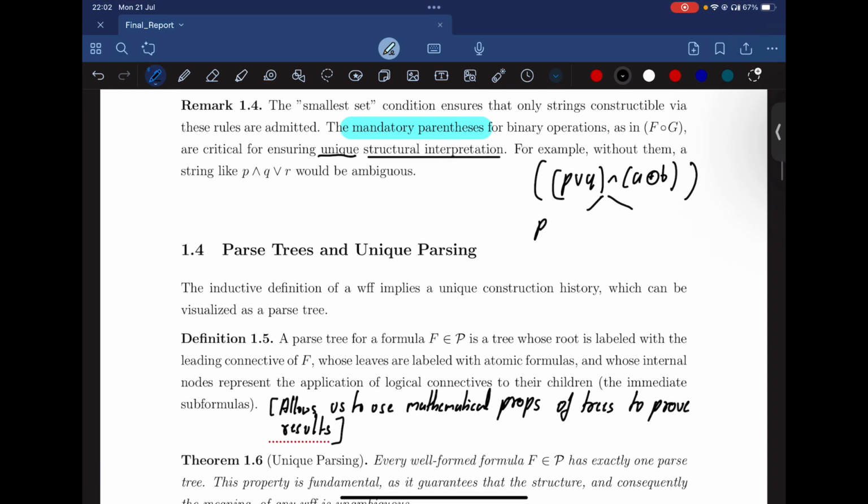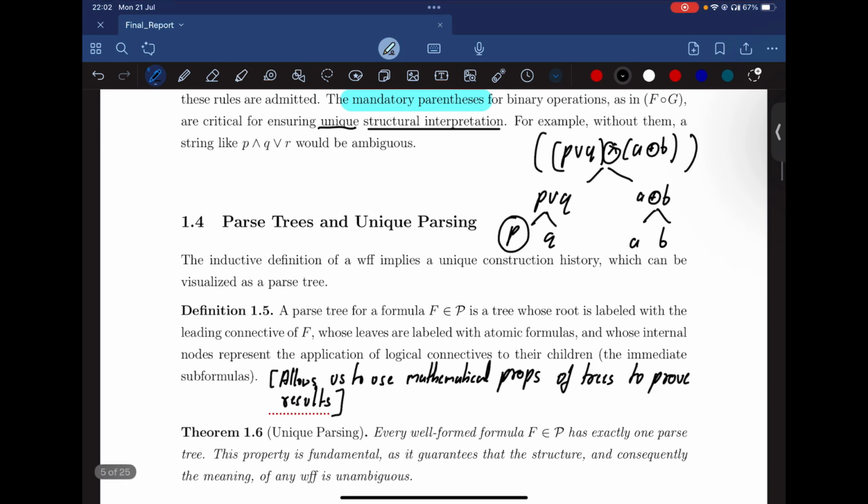You decipher it as P or Q, and then A XOR B. Then you can further divide them into P, Q, and then A, B. Here we are dividing a node, the parent of a tree, into its children over a binary symbol, and each time we reach either a propositional variable or a true or false, that is when we stop.